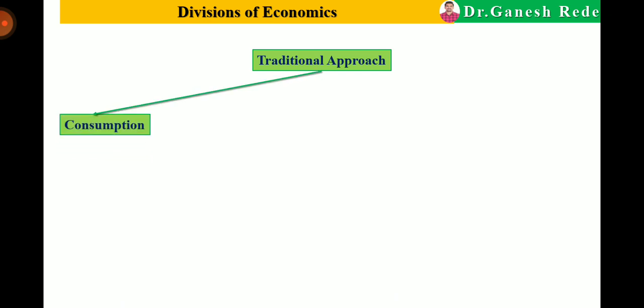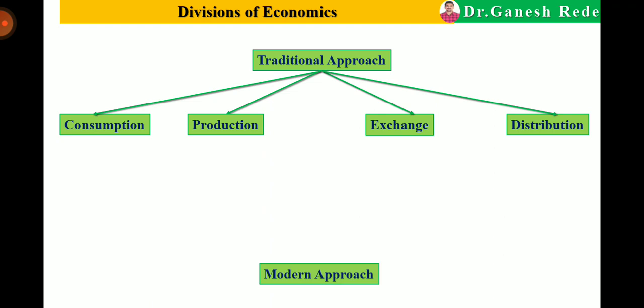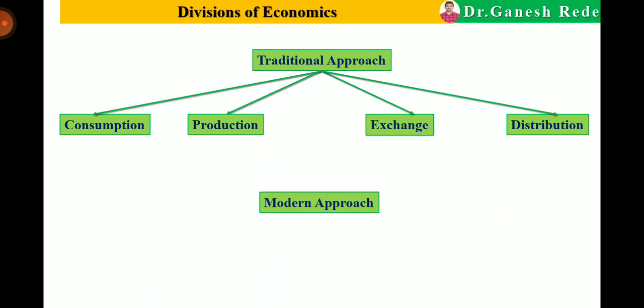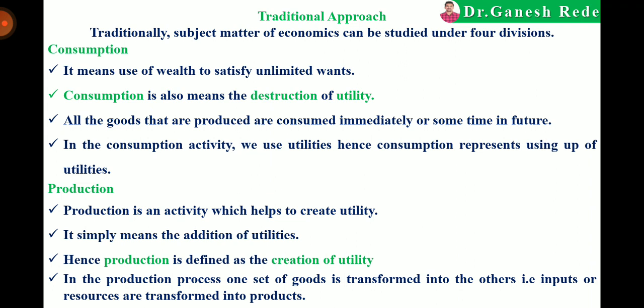The traditional approach consists of consumption, production, exchange and distribution. On the other hand, the modern approach consists of microeconomics and macroeconomics.